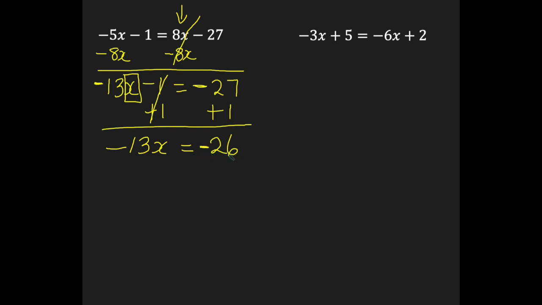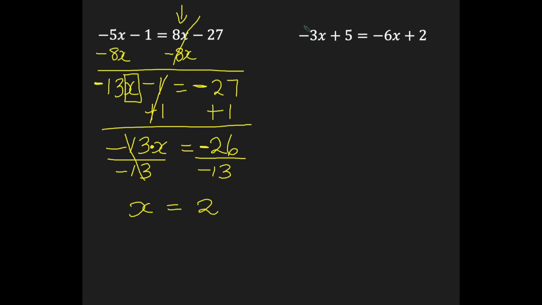So that's negative 26. Again, the negative 13 and the x are married by multiplication, so we're going to divorce them by division. I'm going to divide both sides by negative 13. That cancels. I get x equals, 2 negatives gives a positive, and 26 divided by 13 is 2.